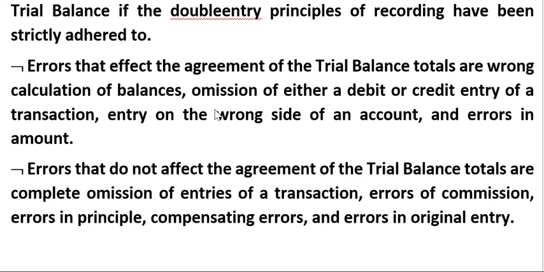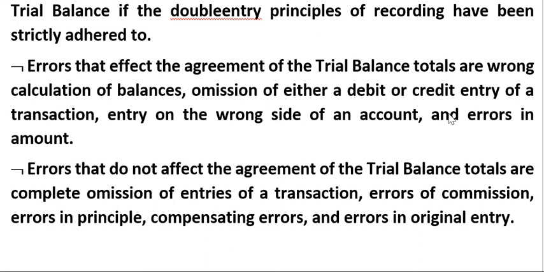So I'll repeat once again here. That means the errors which affect the trial balance are calculation of balances, omission of either a debit or credit, not both. If you are omitting both, that means it will not affect the trial balance. Okay. Entry on the wrong side of an account, it will affect trial balance. Error in amount, if you are entering the wrong amount on one side, it will affect the trial balance.